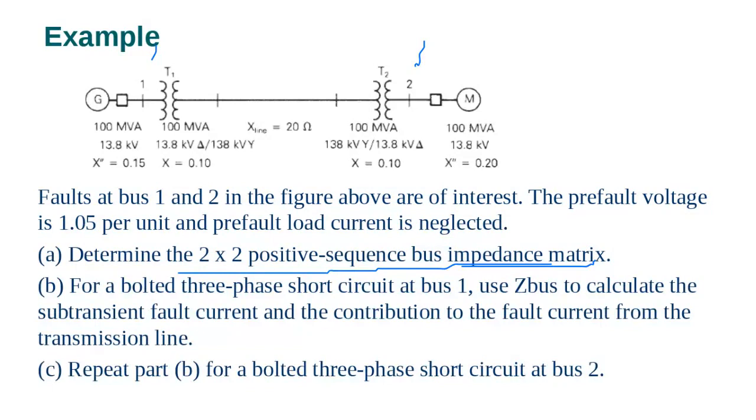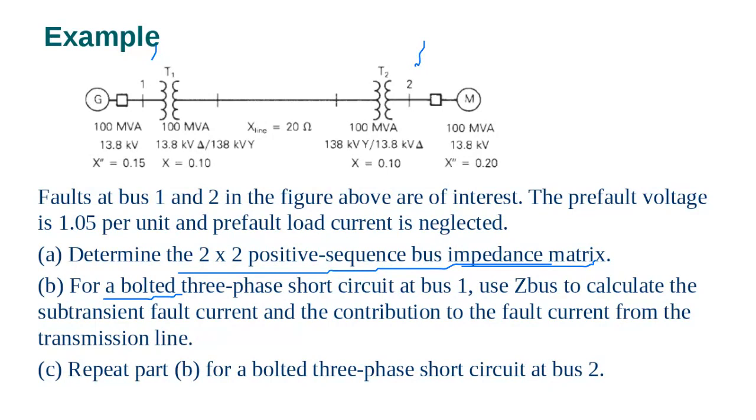And this terminology here, a bolted three-phase short circuit, means that it has no impedance in between. It's straight to ground. So there is no impedance between the line and the ground.